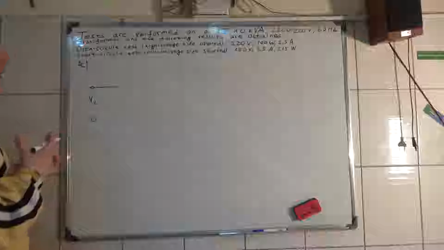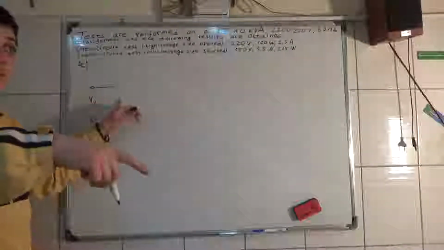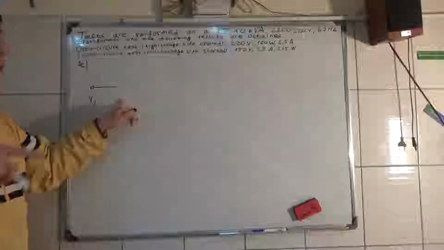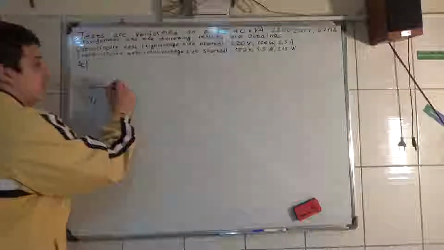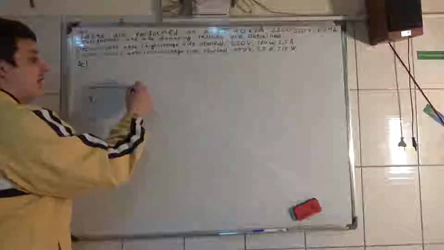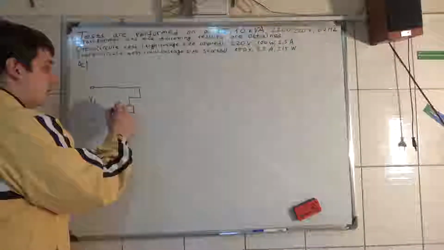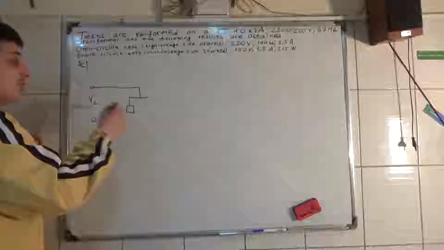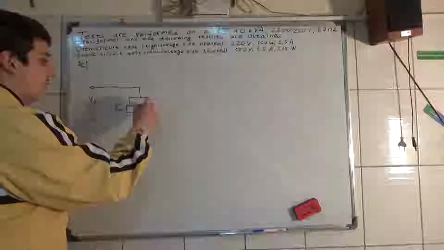The resistance and the flux leakage of the winding of the transformer are neglected in this experiment, so we only have the shunt branch of the equivalent circuit.